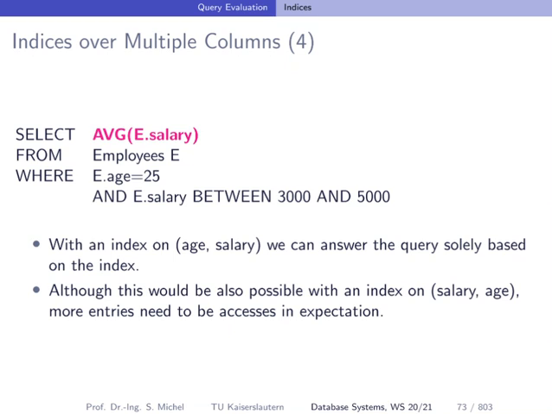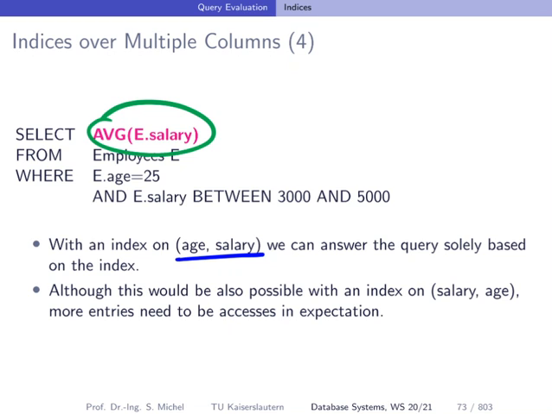When we modify this example and we do not want to have the IDs, but we want to have the average salary, then we come back to what we have seen some slides earlier, where we called an index-only query, because if we have an index on age and salary, then this query can be answered without looking at the data. It can be answered only by looking at the index.